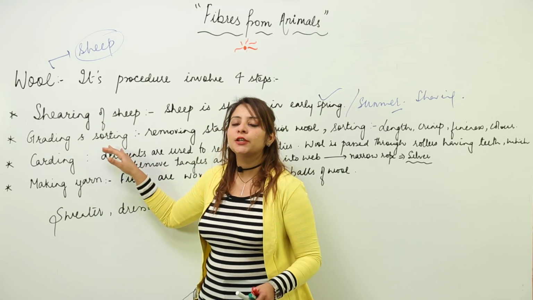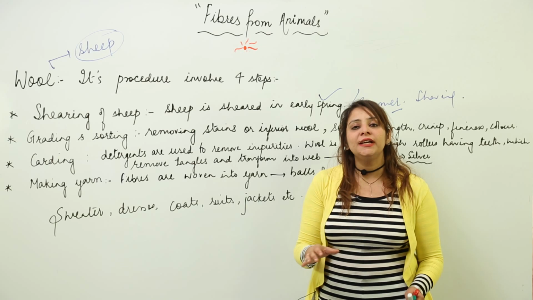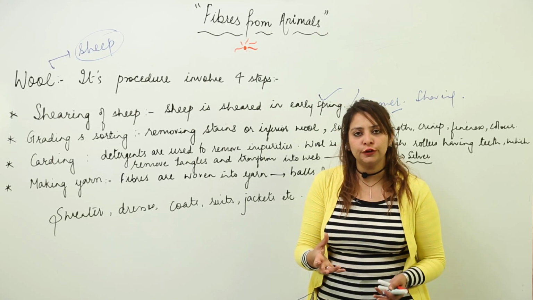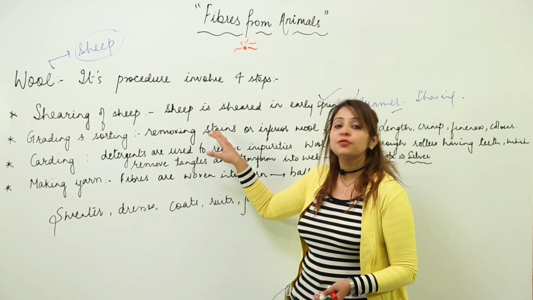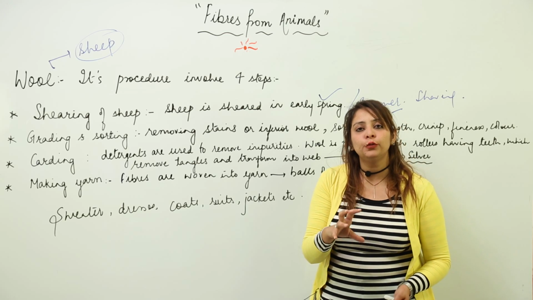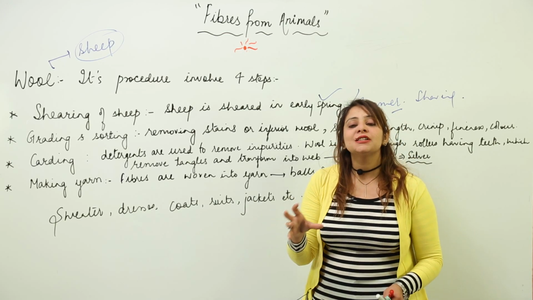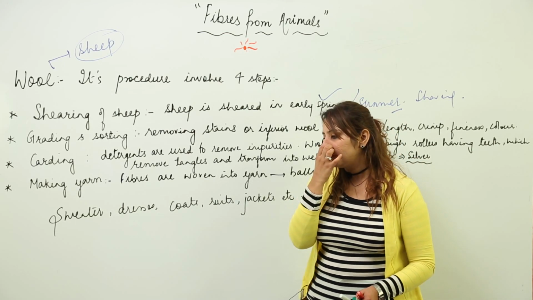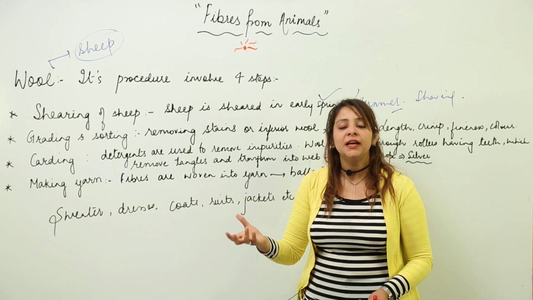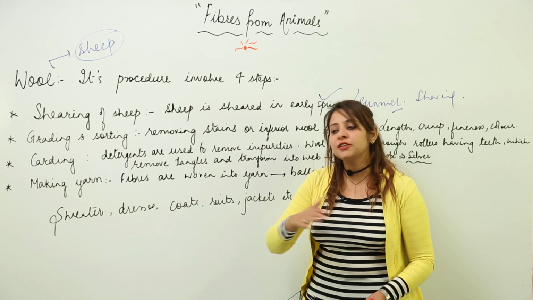What is done actually in this is that we separate the wool, like there are certain stains also on the wool. So in this part we remove the stains, and we separate the inferior wool from the superior one. That means the wool which is not of good quality, or appears to be inferior, is removed.